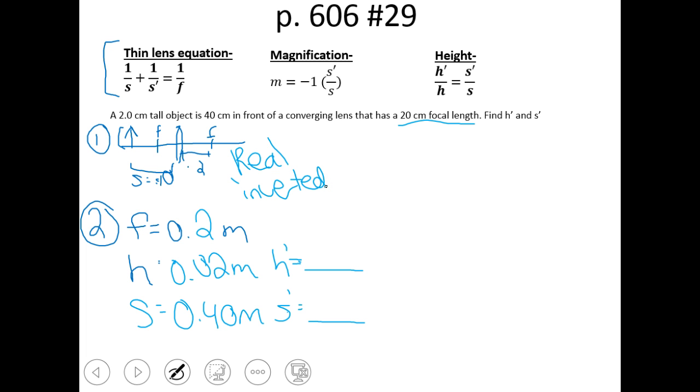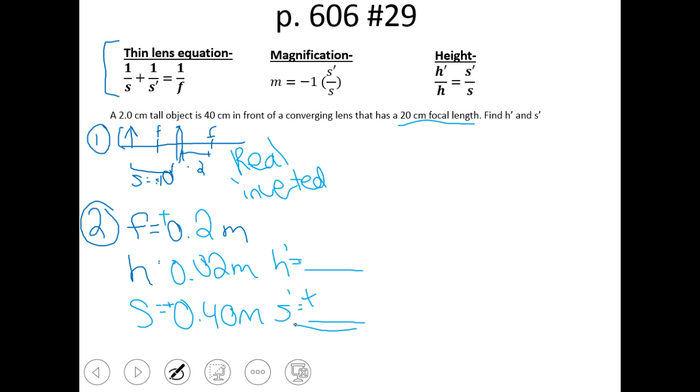And that means a few things for my sign convention. My focal length is going to be positive because I'm using a converging lens. And both of my distances are going to be positive. So I can expect a positive value for this.